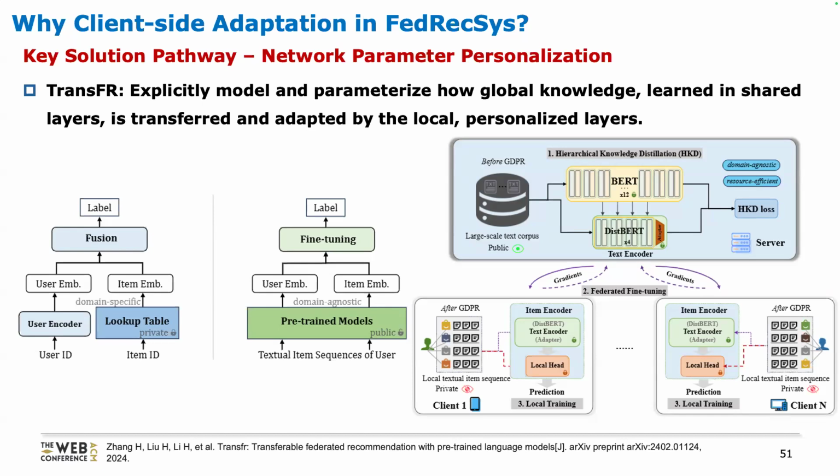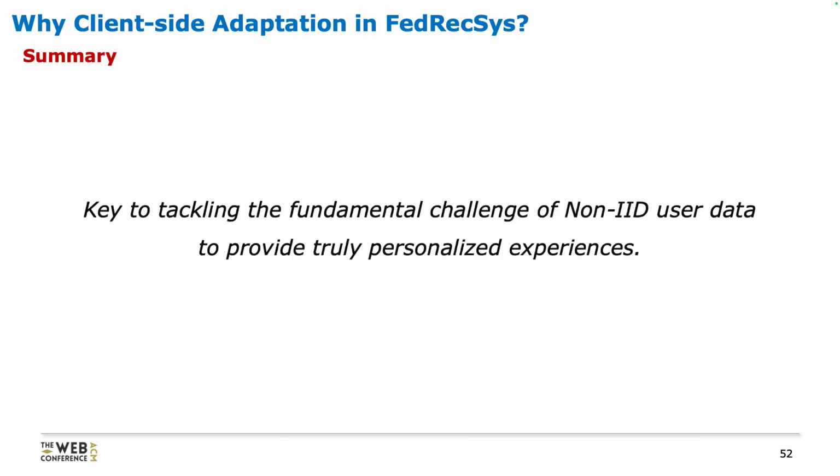By uploading just the adapter gradients and leaving the main encoder untouched, each client ends up with a scoring network that reflects its own data, while the bulk of the model remains common and secure.